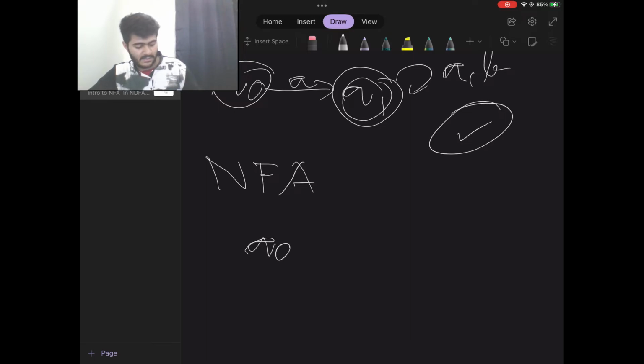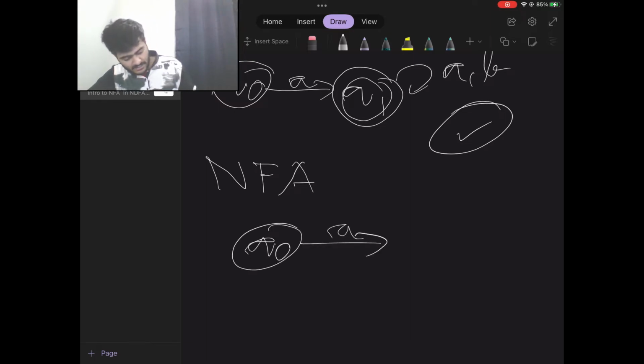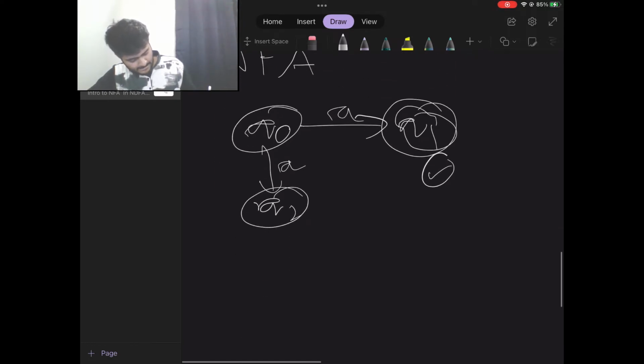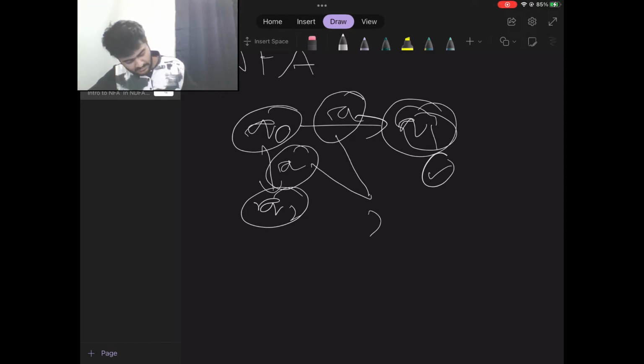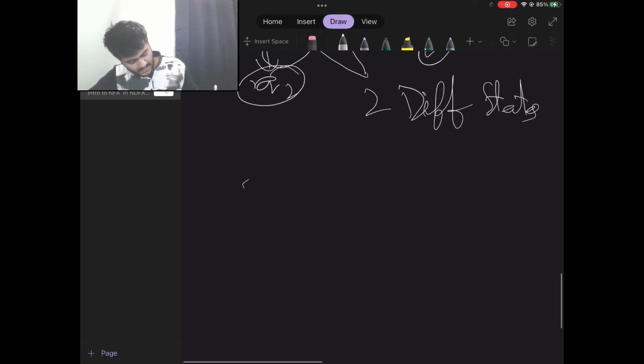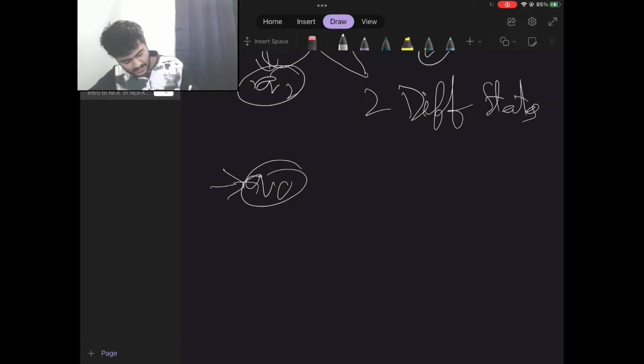Very easy. So in an NFA, the major part is that you can do this, which cannot be done in a DFA. You cannot take the same input to two different states, and you don't have to define every input for every state.